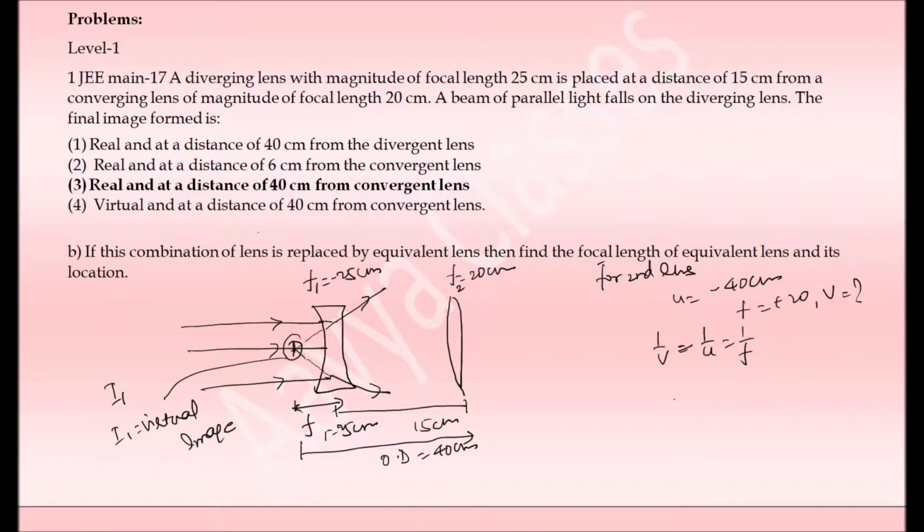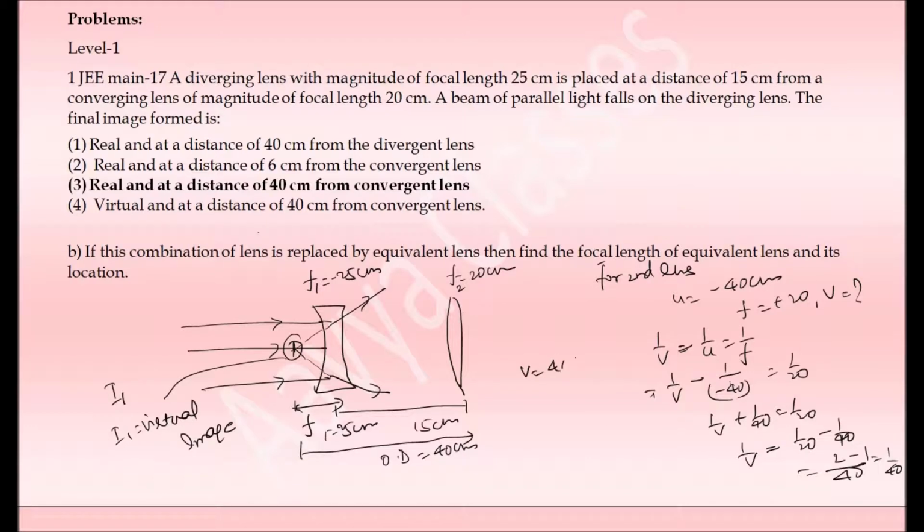This is our lens equation. Then we get 1 by v minus 1 by minus 40 is equal to 1 by 20, that is 1 by v plus 1 by 40 is equal to 1 by 20, and from there we get 1 by v is equal to 1 by 20 minus 1 by 40, that is 1 by 40. So clearly v is equal to 40 centimeter.